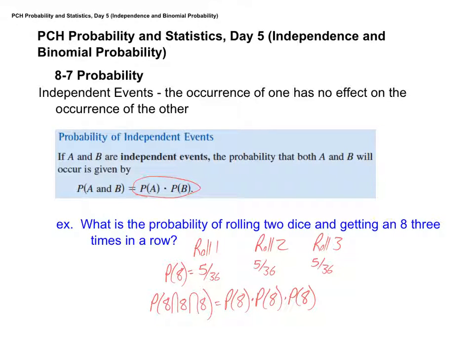Why is it 5? You remember the table we just saw with the different sums? There would be 5 different combinations of numbers that would give us 8: 2 and 6, 3 and 5, 4 and 4, 5 and 3, 6 and 2.